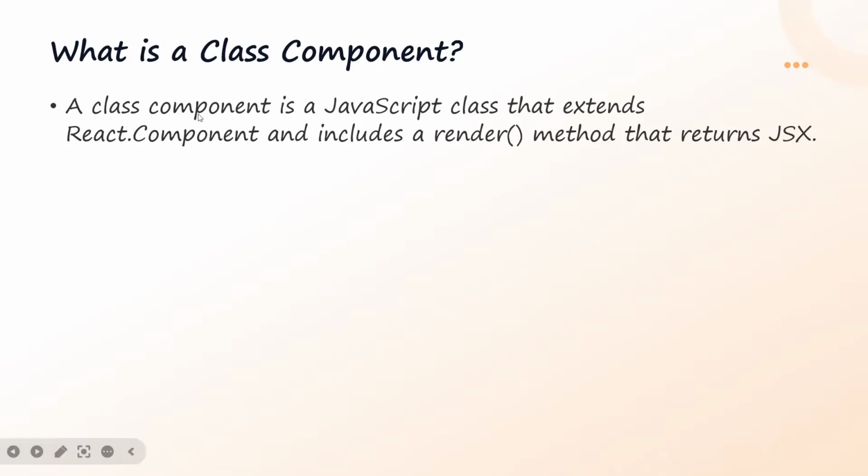So this class component is just an ordinary JavaScript class that extends, that inherits from React.Component. When we were talking about the React object, we taught you React.Component, and that is the base class of React class components. So it extends it, and it includes a render method. This render method can return JSX, or it can even return React.createElement if you don't want to use JSX.